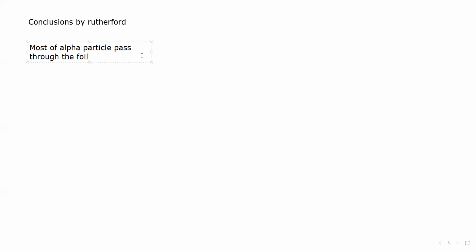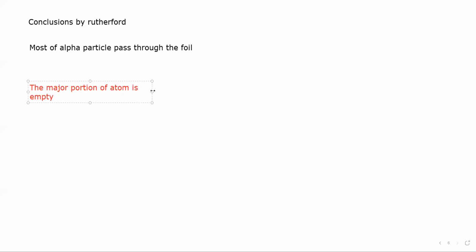So from his observation, he said that a major portion of the atom is empty. That's why most of the alpha particles pass through.